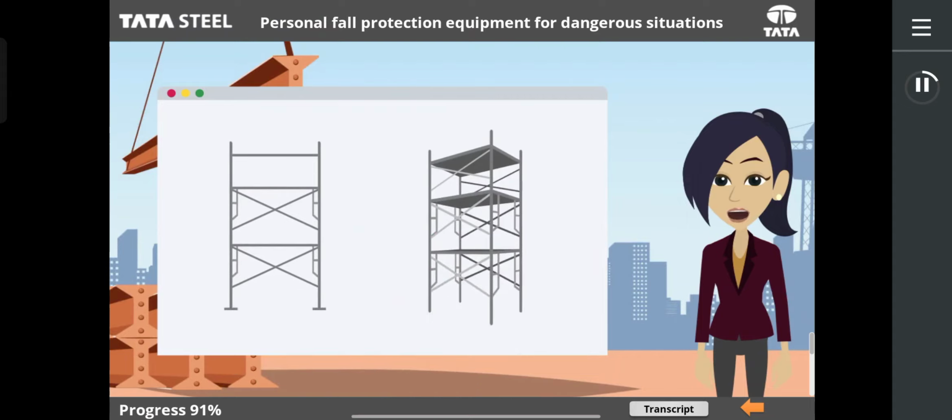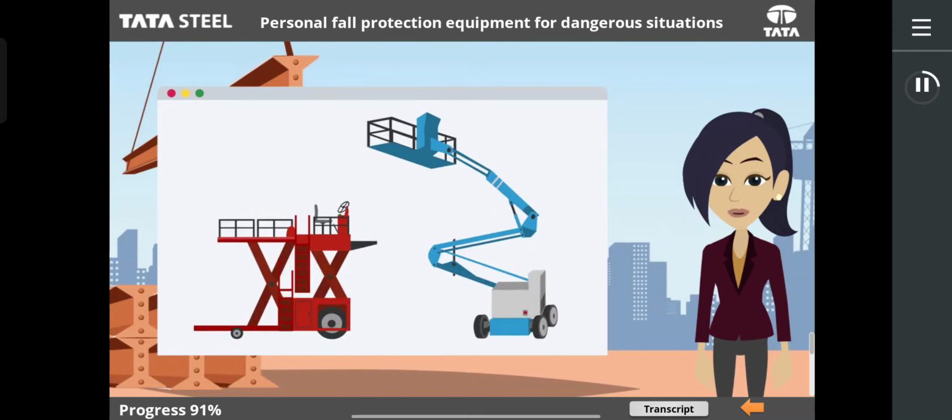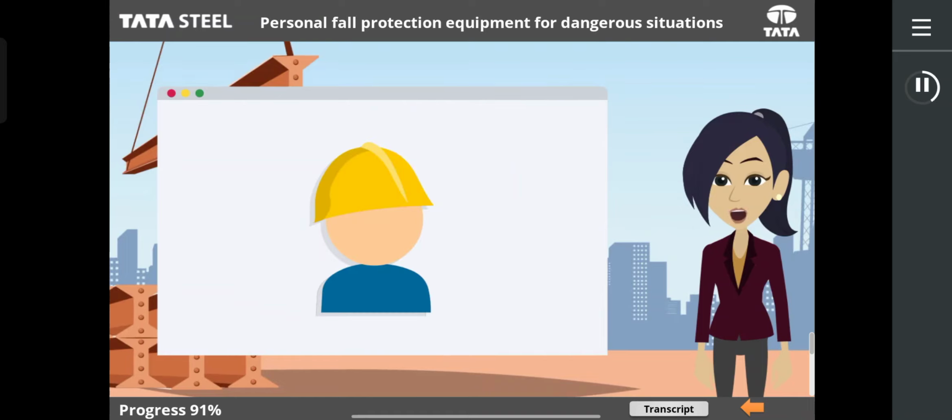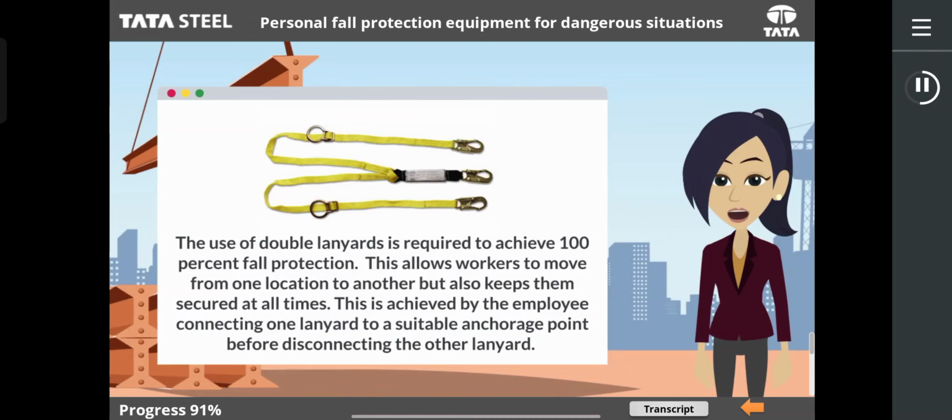The use of completed scaffolds, aerial lifts, and so on can minimize the hazard but may not eliminate it totally. The use of personal fall arrest equipment is required. The use of double lanyards is required to achieve 100% fall protection. This allows workers to move from one location to another, but also keeps them secured at all times. This is achieved by the employee connecting one lanyard to a suitable anchorage point before disconnecting the other lanyard.